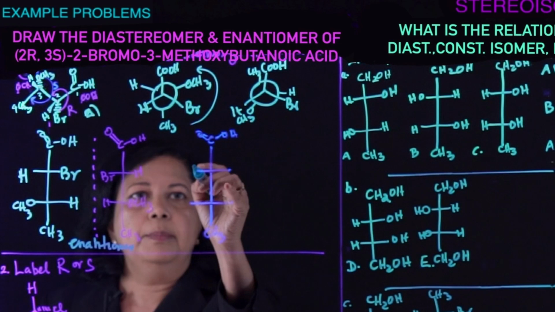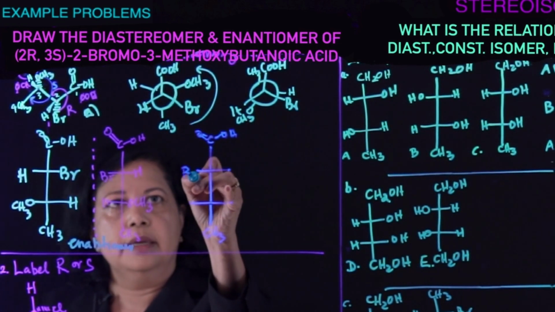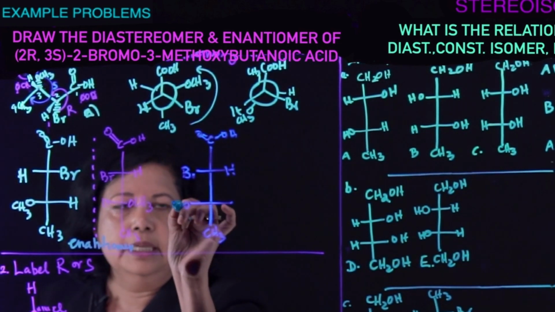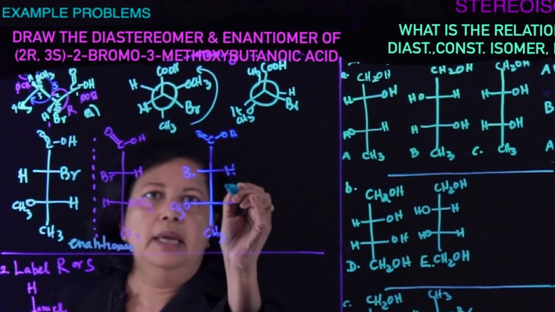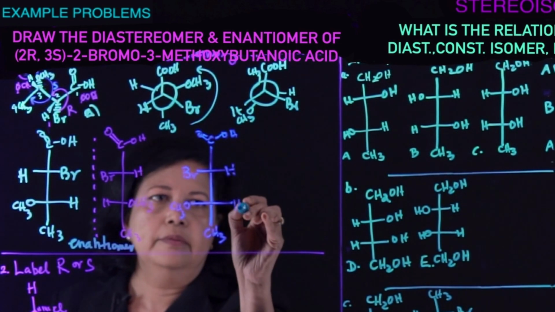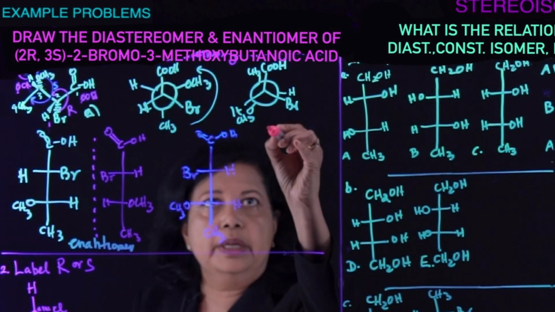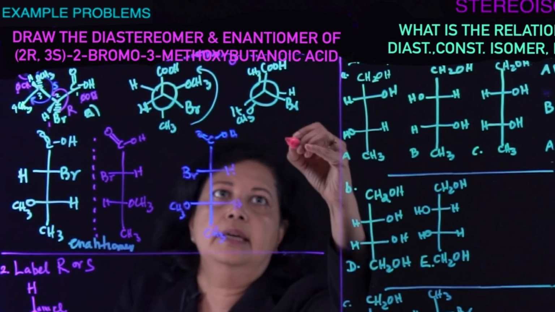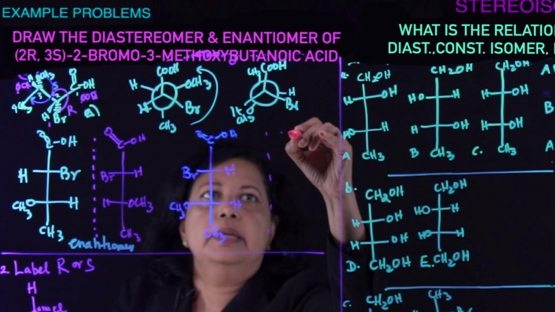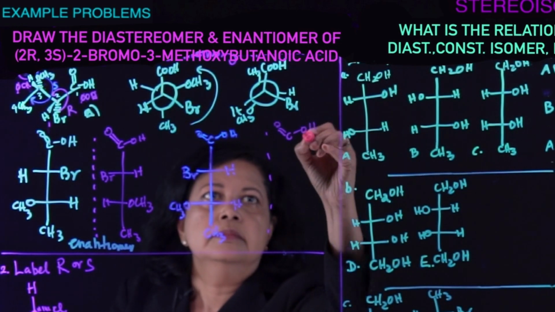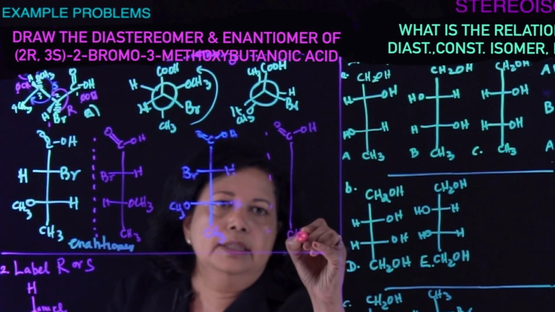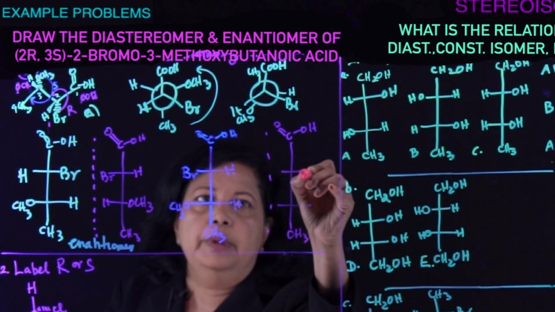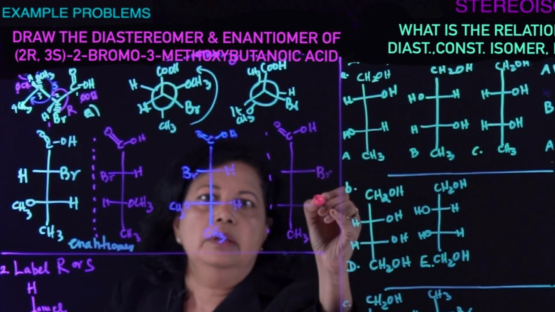So instead of having them opposite, you can put them on the same side, bromine and OCH3 on the same side, which means one is the same and the other one is flipped. And then we can also draw a mirror image for this, or another diastereomer where both are on the same side. So you can have this as your other diastereomer. So here is going to be the bromine and the OCH3 on the same side.